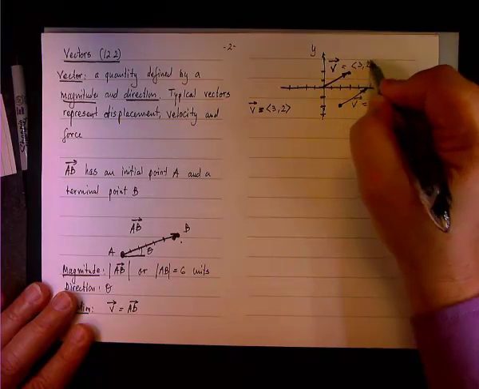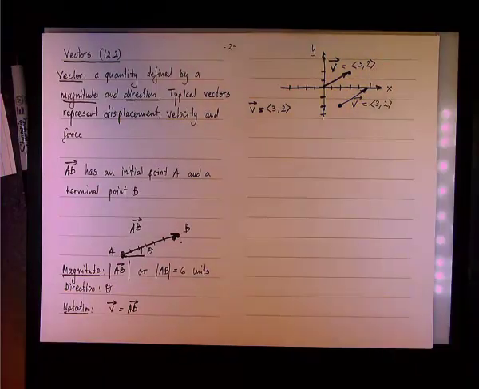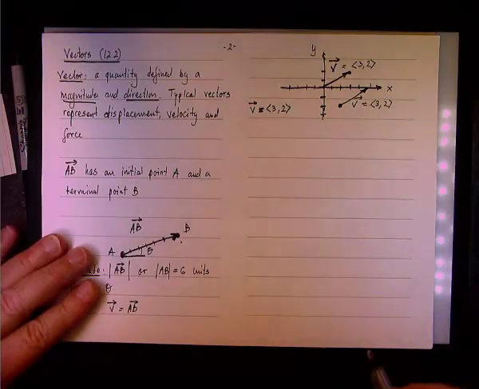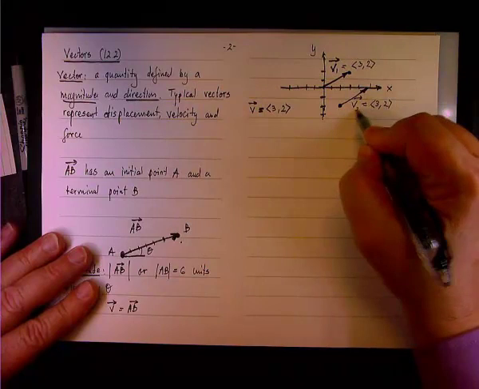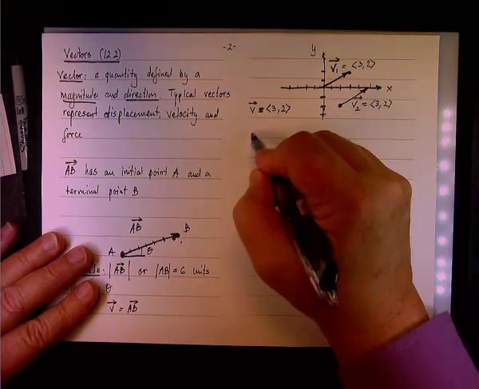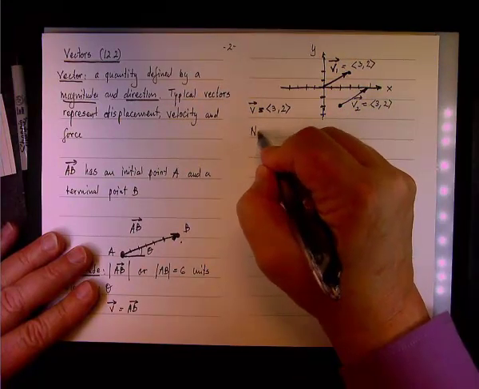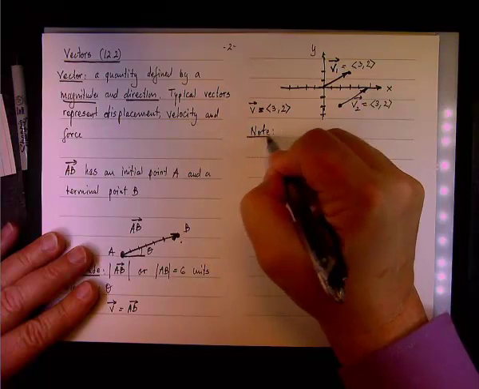These two are identical. Why are they identical? Because this one has component 3, 2, and this one has component 3, 2. So vectors are independent of their initial points.